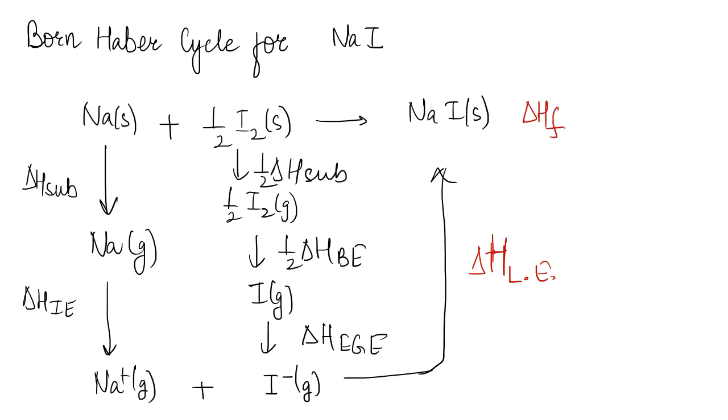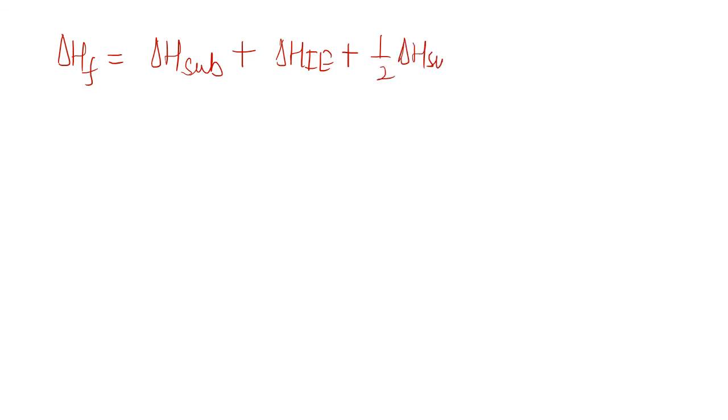So what we can write as the expression? Write down in your notebook, guys. Enthalpy of formation is equal to enthalpy of sublimation of sodium plus ionization enthalpy plus half of the enthalpy of sublimation of I2.